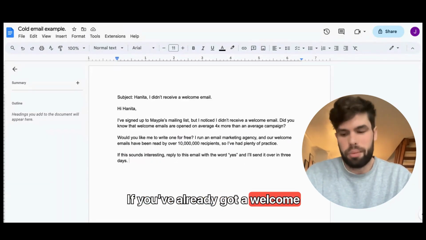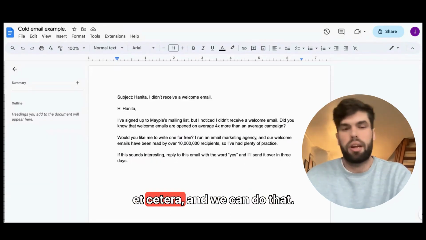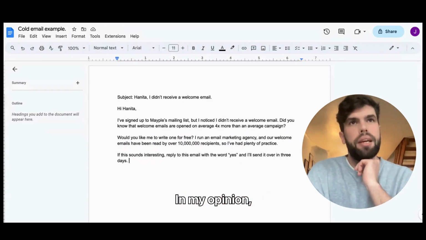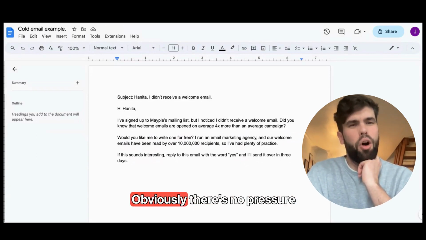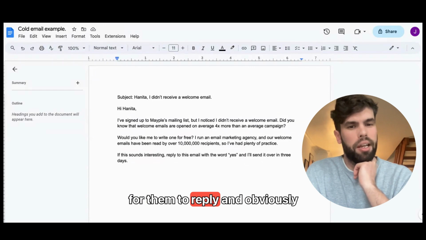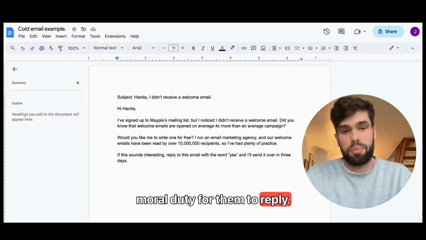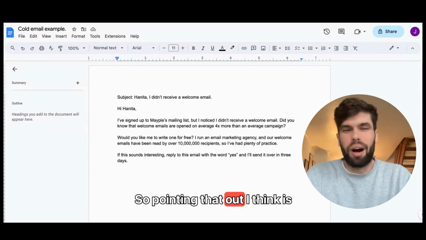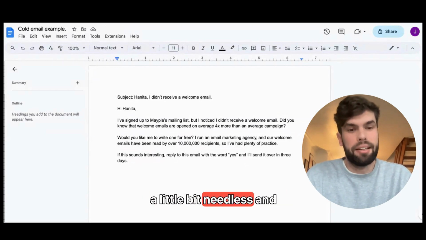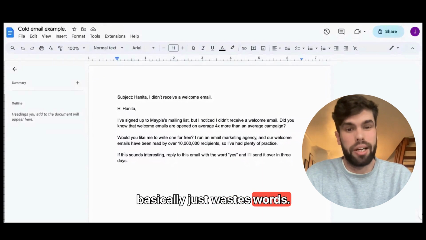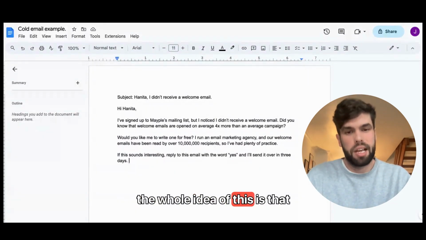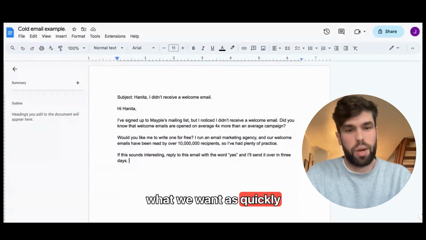If you've already got a welcome email, just ignore this, etc. And we can do that. In my opinion, that's sort of a given anyway. You know, obviously there's no pressure for them to reply. And obviously there's no obligation or kind of moral duty for them to reply. So pointing that out, I think, is a little bit needless and basically just wastes words. Remember, the whole idea of this is that we're getting to the heart of what we want as quickly as possible.